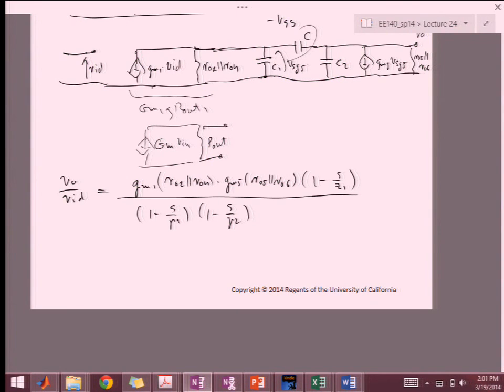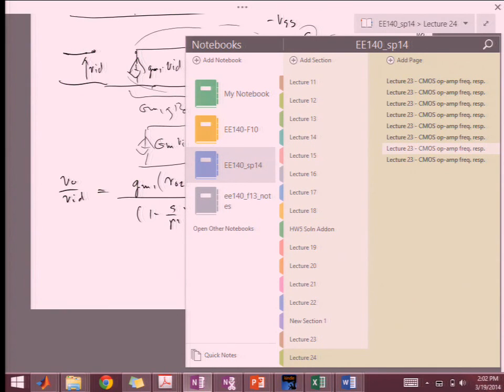So if you take a look at the effects of C, let's say, if C equals 0, what happens? These two are separable, right? So I can analyze this part of the circuit completely separately from this. So there's no influence between the two poles.